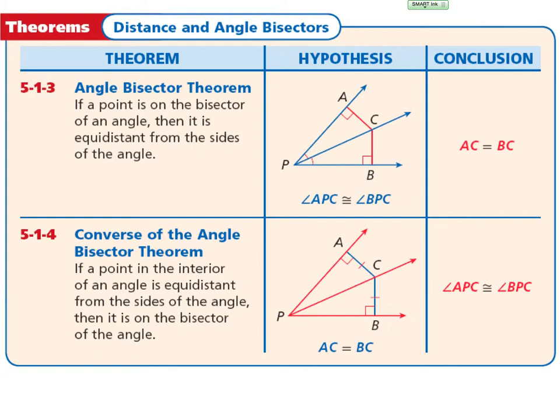Okay, and the converse is: if a point is in the interior of the angle and it's equidistant from the sides, then it's on the angle bisector. So the reverse situation again. If you want to put, C is on the angle bisector.